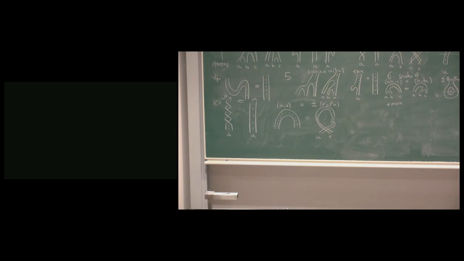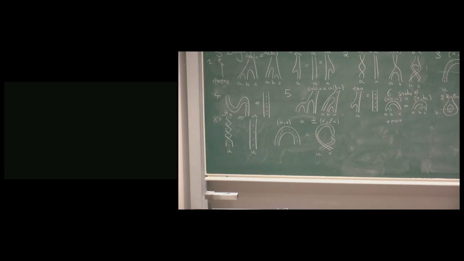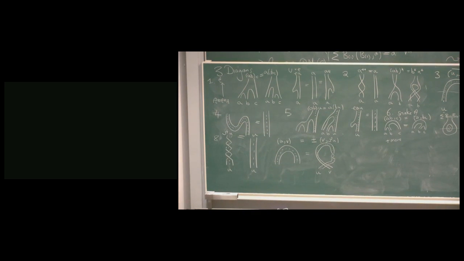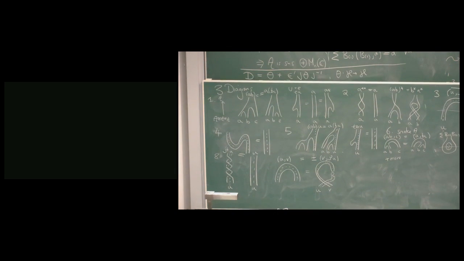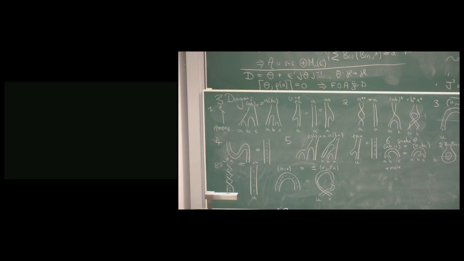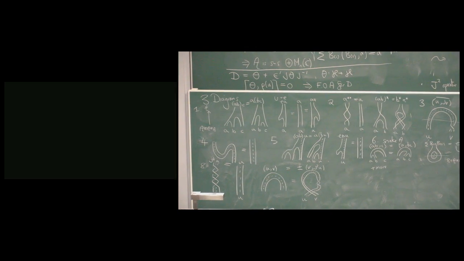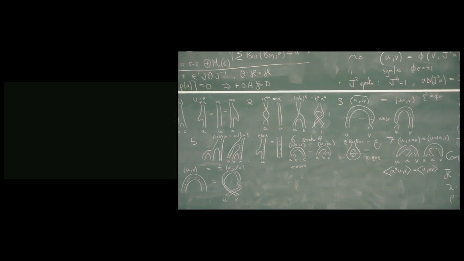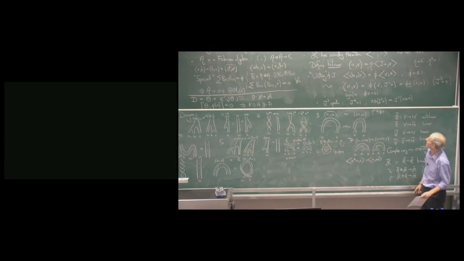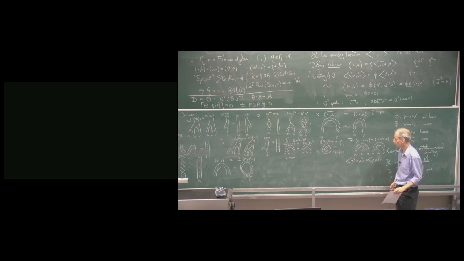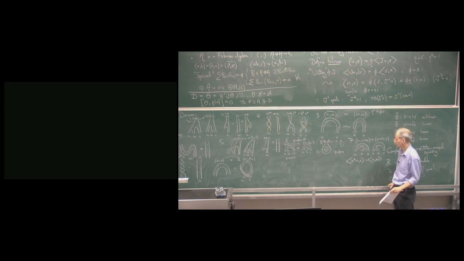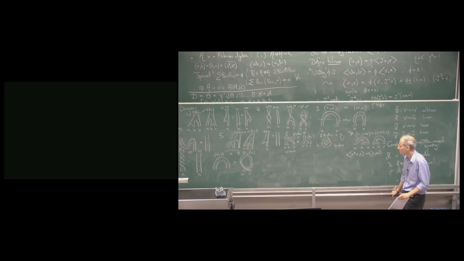Nah, I've done this wrong, and I already wrote that on the board. It's this one here. So we learn that that sign is actually phi. So phi is the thing that told you whether j was unitary or anti-unitary, and that's important and comes in here.